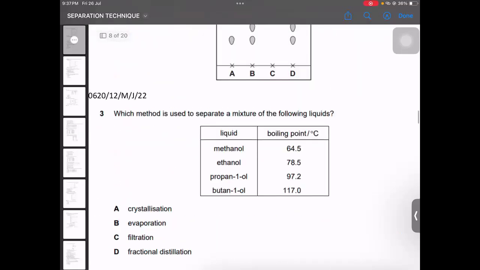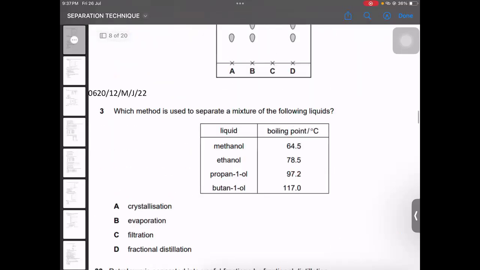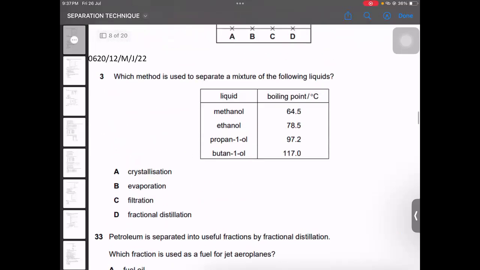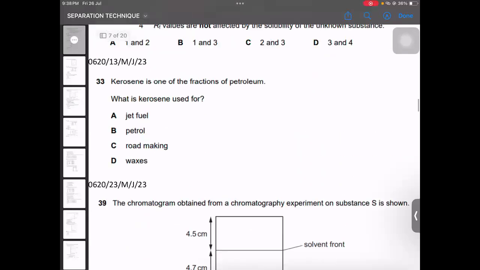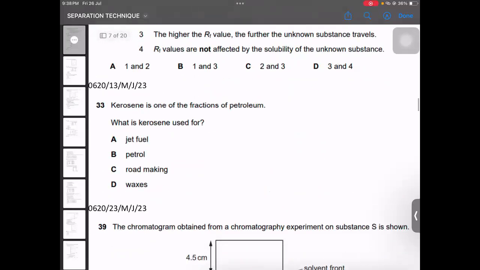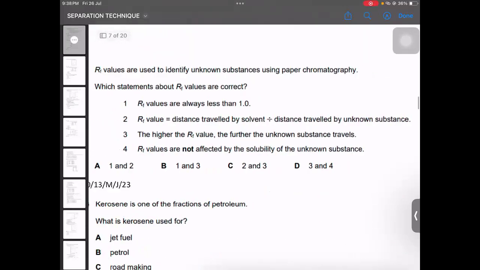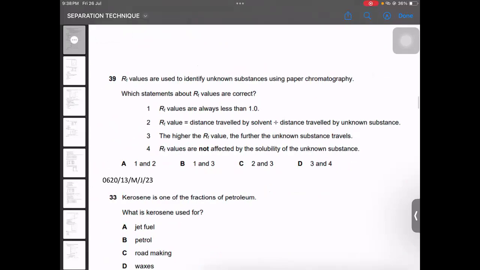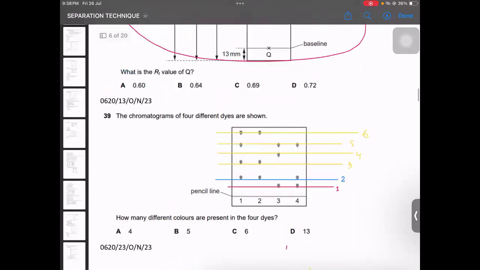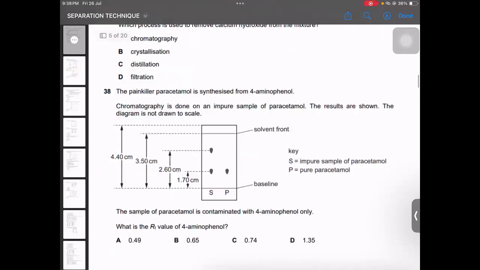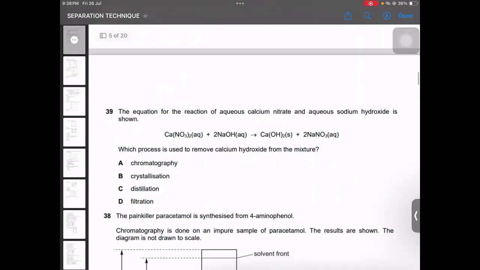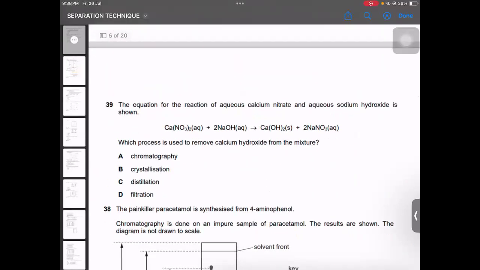Okay. Then we have question 39. This is also a question that you have to look at very carefully.